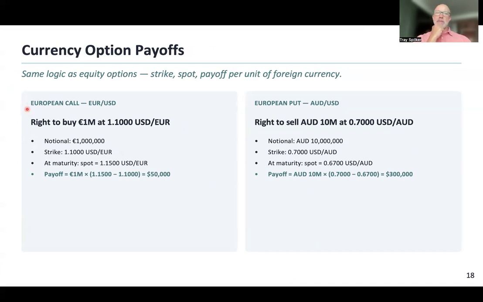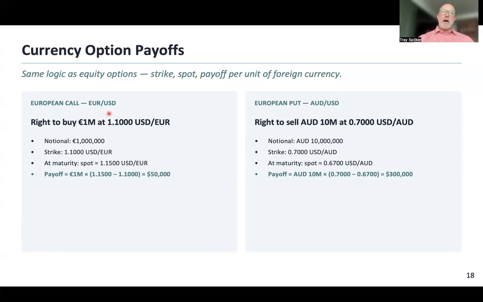In this European call example, let's say it's a US firm that is going to be buying the euro USD calls at a strike price of $1.10 per euro.